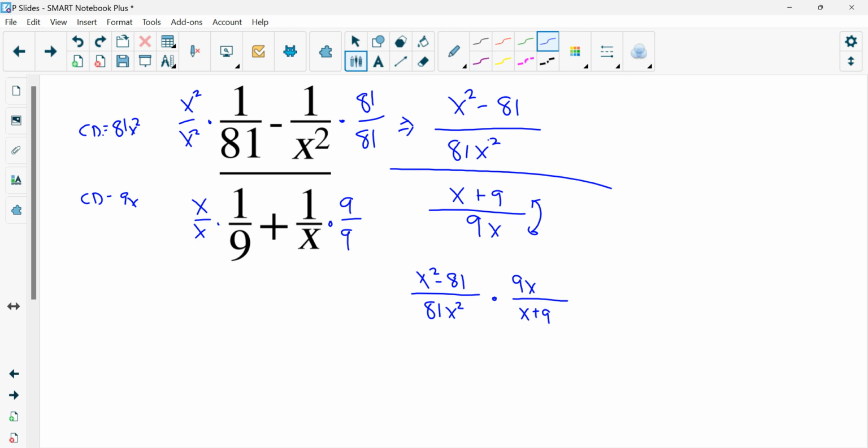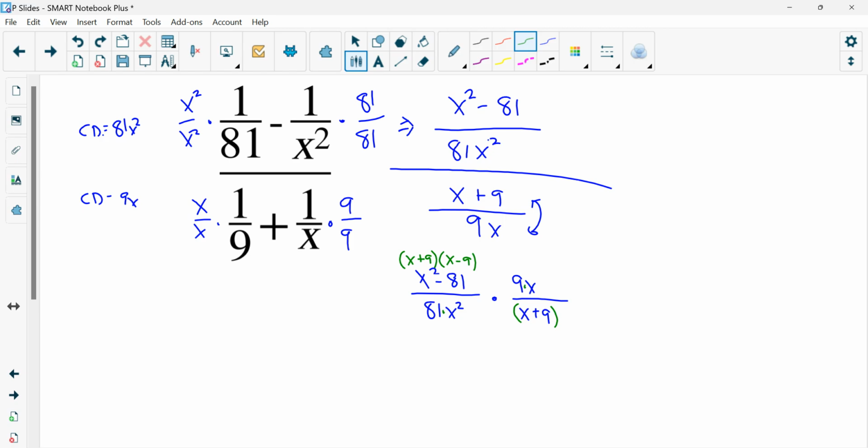You got to factor it. It's difference of squares. So this would become x plus 9, x minus 9. I can also think about 81x squared as 81 times x squared and 9 times x there. And I can't factor x plus 9, so I'm going to put that in parentheses.